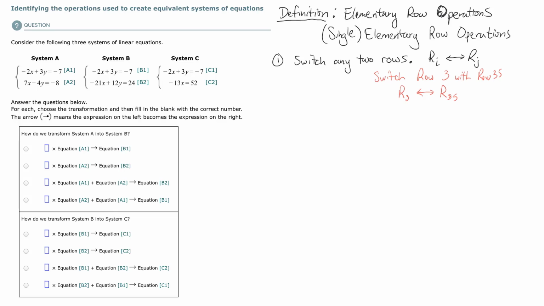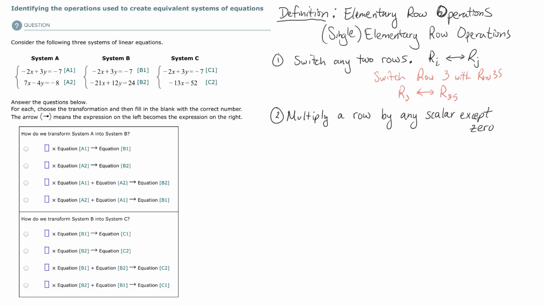A second elementary row operation is we could multiply a row by any scalar except 0. No reason to multiply by 0.